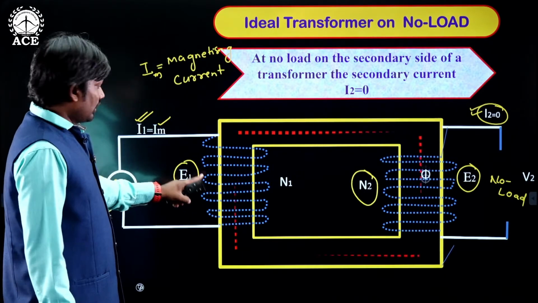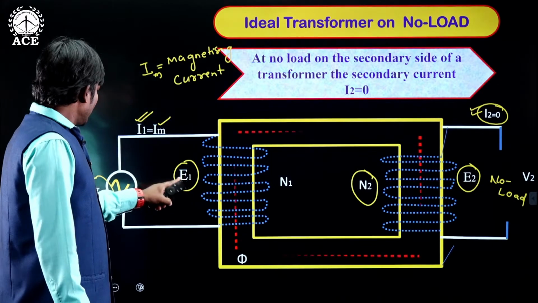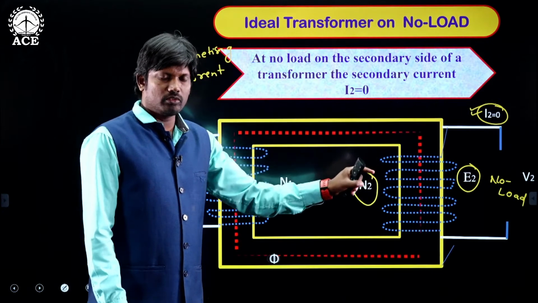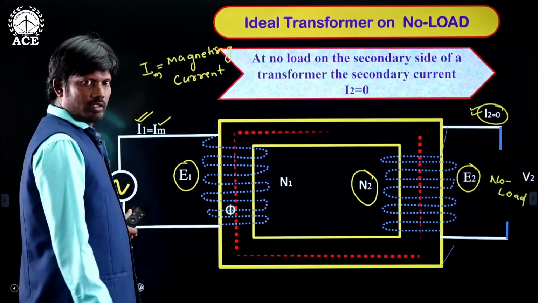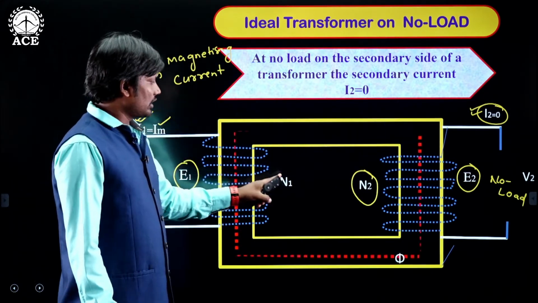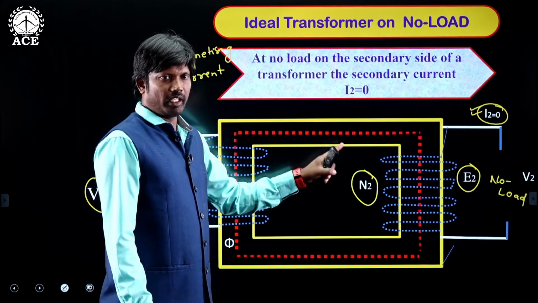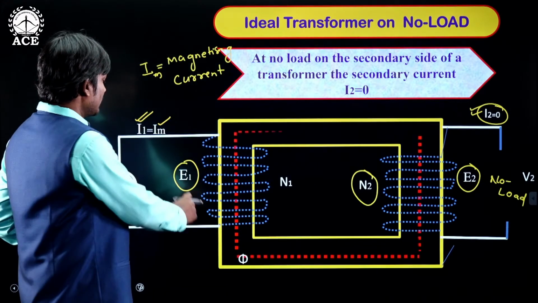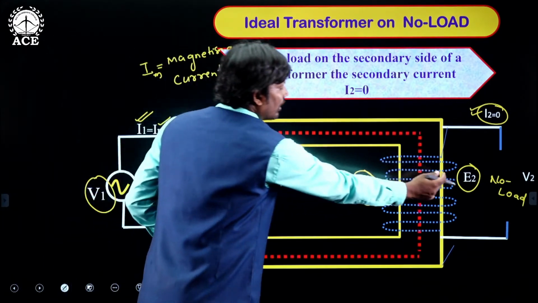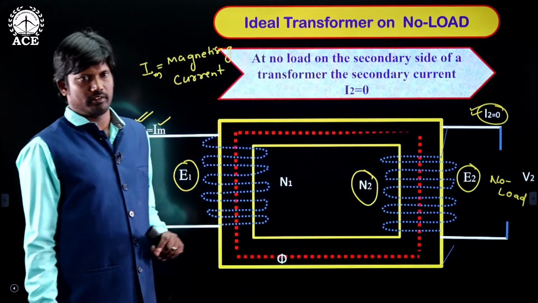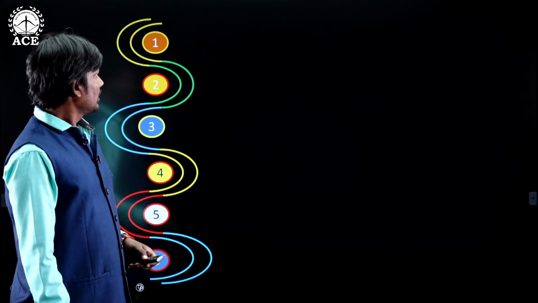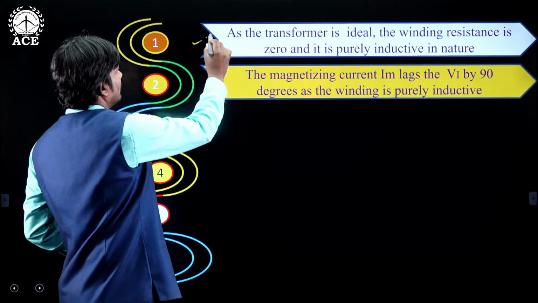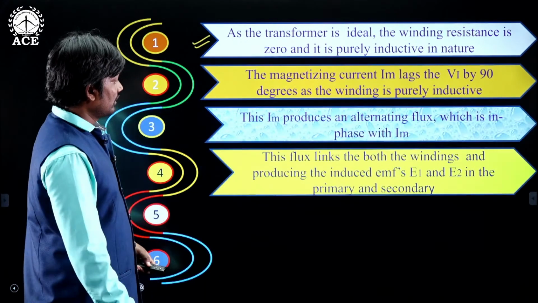This E1 is antiphase with V1 with equal magnitude, and E2 is also antiphase with V1, but its magnitude is different, depending on the secondary number of turns. Therefore, this E1 and E2 are in phase with each other. Now see here, the same things I am writing here. Note down all these points.